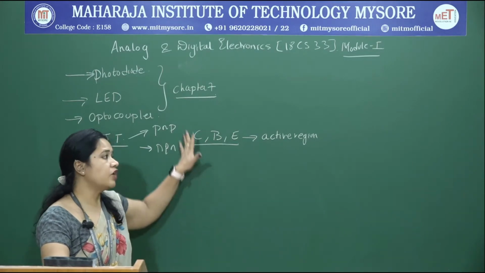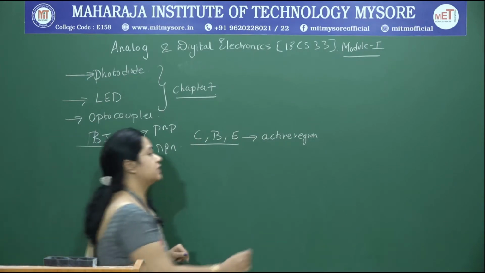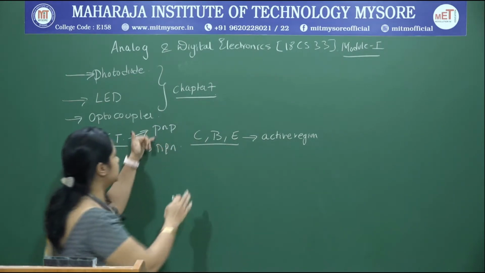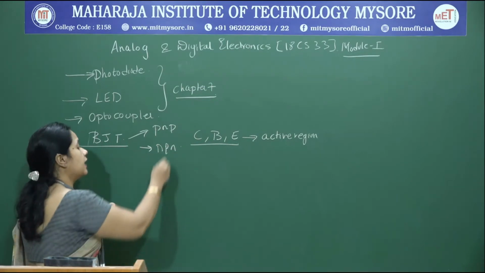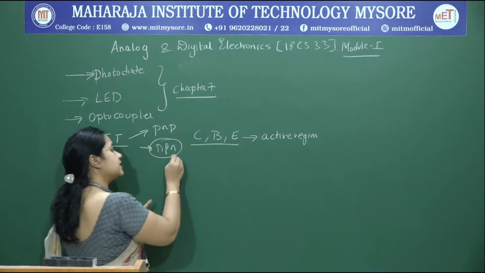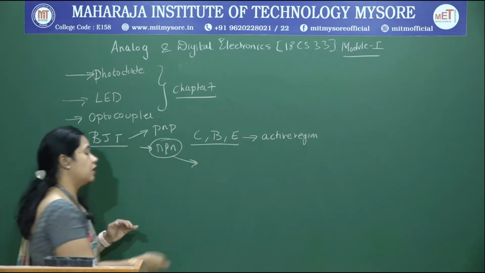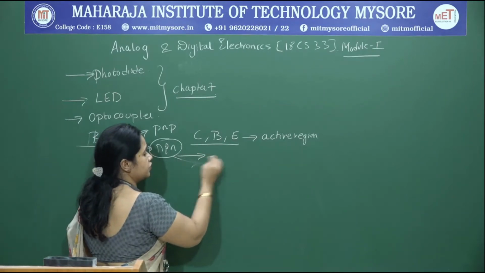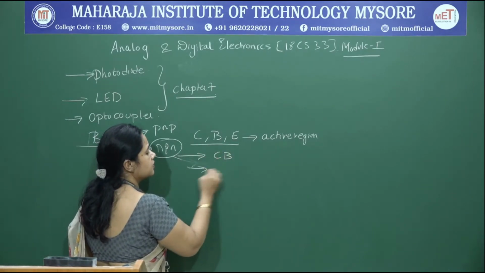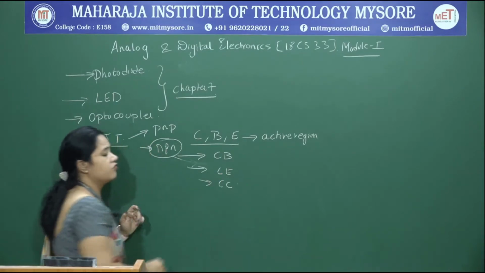To do so, we have various biasing circuits, including fixed bias. Among the 2 transistors, NPN is the most popularly used, and we can configure the circuit in 3 different configurations: common base, common emitter and common collector.